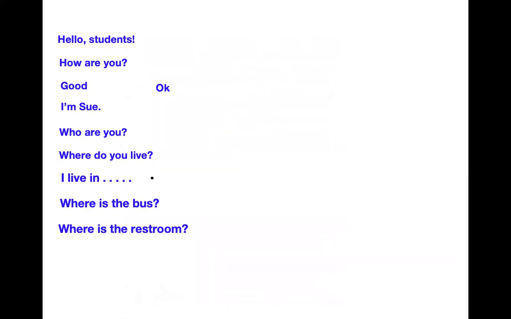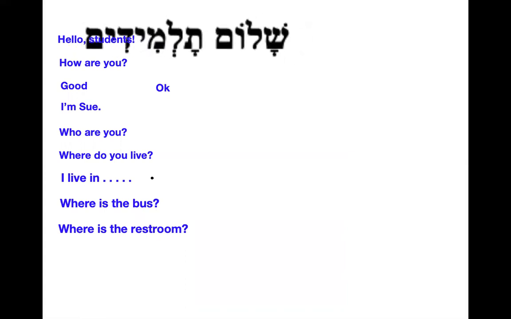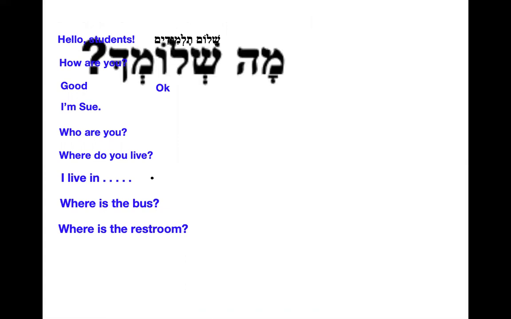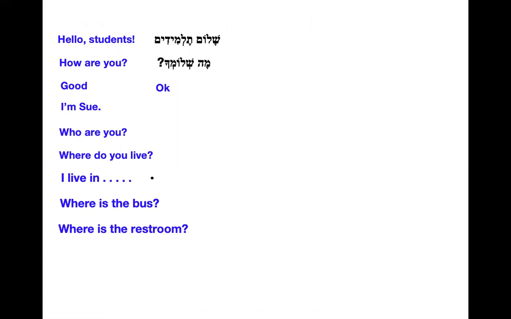So let's see how much of your conversation you remember. How do you say, hello, students? Shalom, talmidim. How are you? Ma shlomcha or ma shlomech? Okay. Beseder. Good. Tov. I'm Sue. Ani Sue. Who are you? Mi at or mi ata? Where do you live?